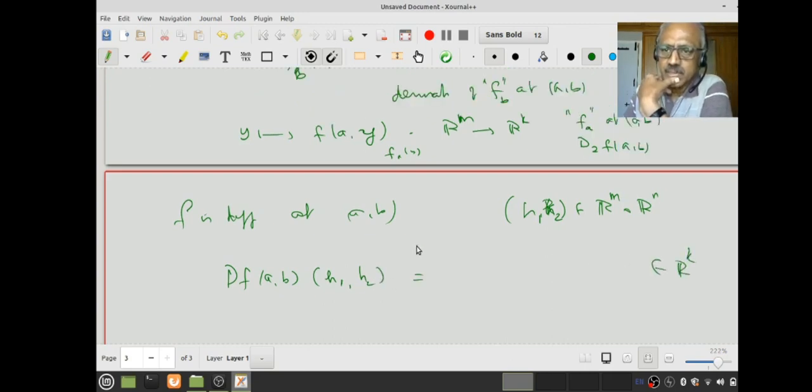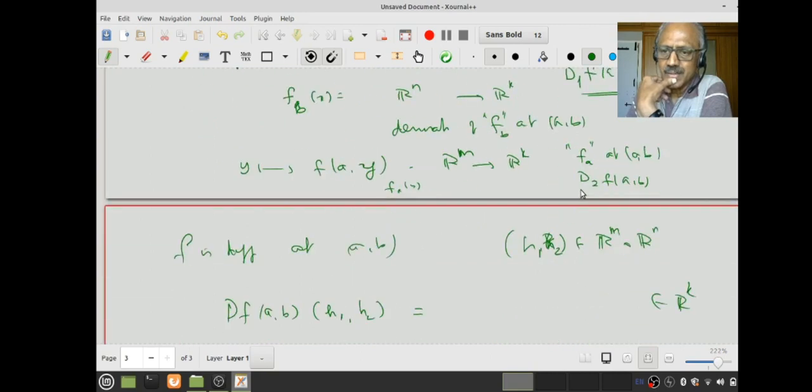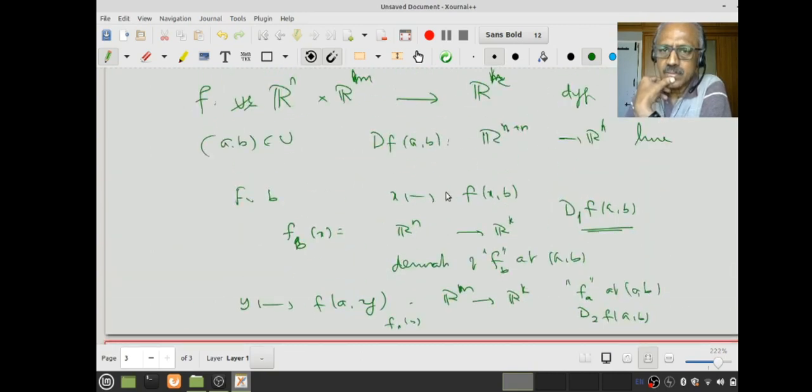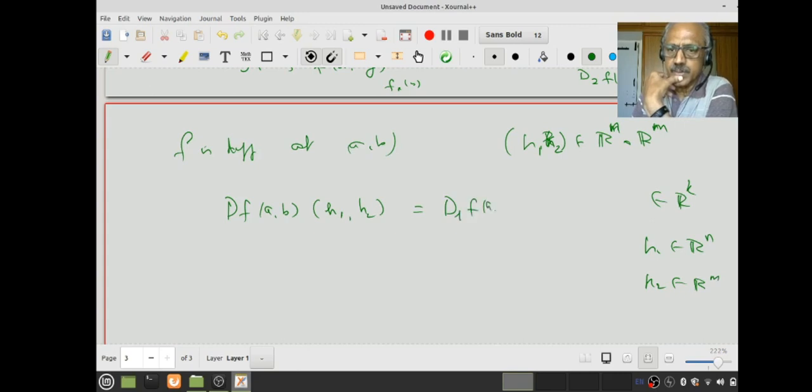Now let's look at the partial derivative. The first partial derivative is going to be a linear map from R^n to R^k, and my h is in R^n cross R^m. Where is my h1? h1 is in R^n and h2 is in R^m. Therefore this will be the derivative of f1 at (a, b) acting on h1.